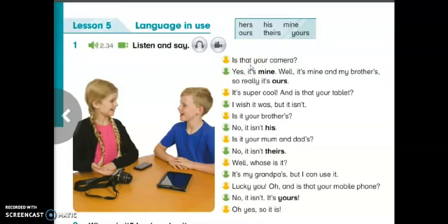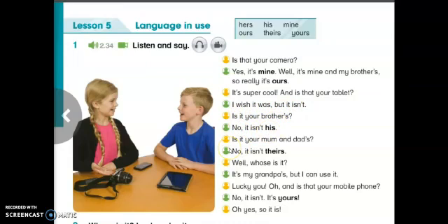Is that your camera? Yes, it's mine. Well, it's mine and my brother's. So, really, it's ours. It's super cool. And is that your tablet? I wish it was, but it isn't. Is it your brother's? No, it isn't his.